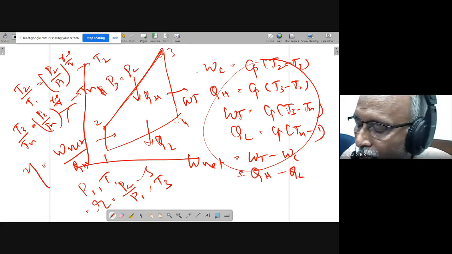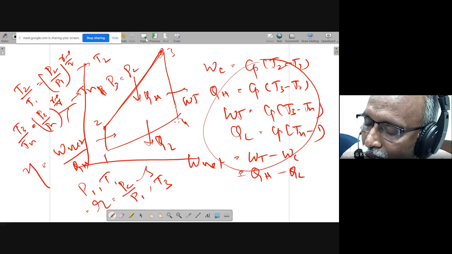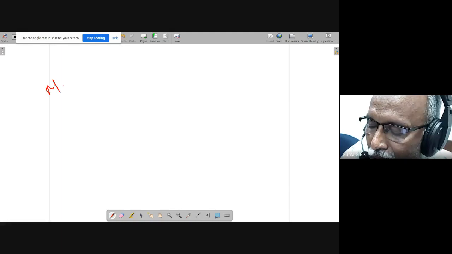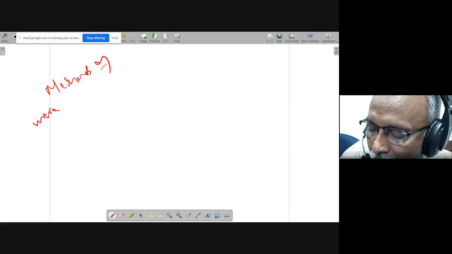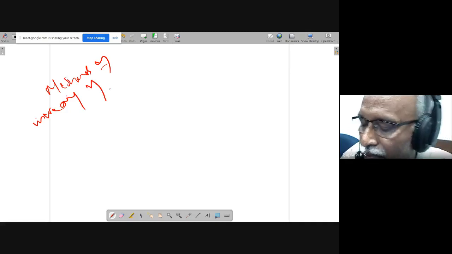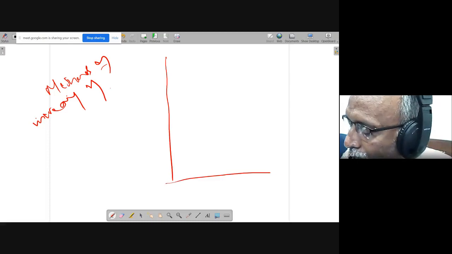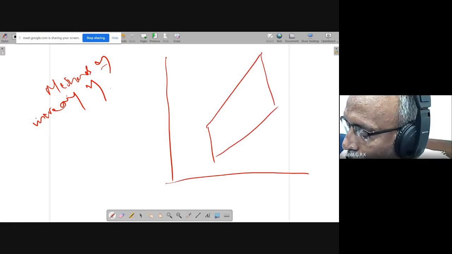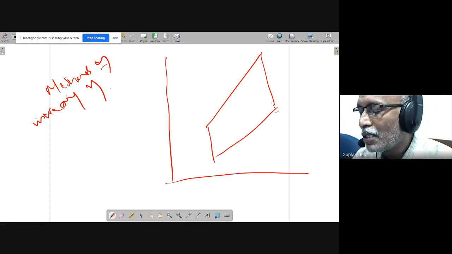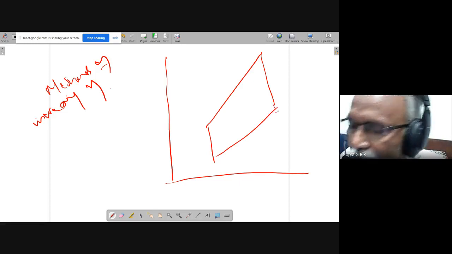Okay, and now the methods of increasing efficiency. So as I told, I want to increase the area. Like this, I want to increase the area. So already we have discussed compression.